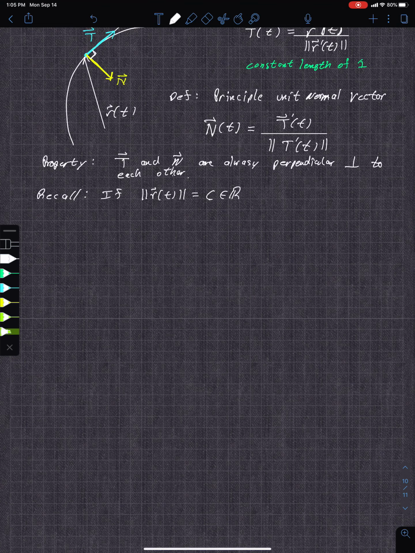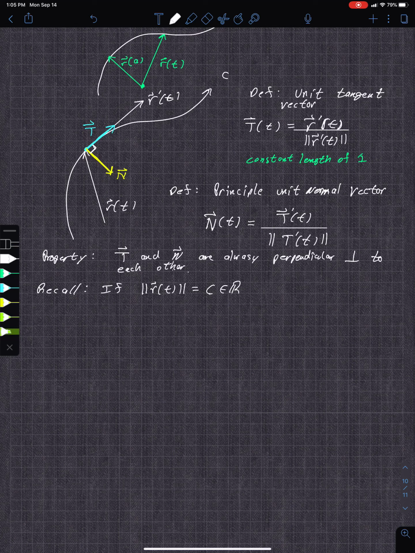As you trace around a curve, you could picture that the tangent vector changes length as it goes around, almost like the velocity is changing depending on what the function is telling you to do.